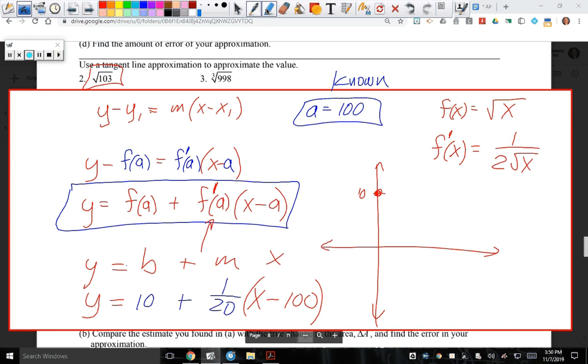I'm shooting out from this y-intercept at a slope of up 1 over 20, and when I put this 103 in here, I'm going to move 3 units to the right. You see what I'm doing? So if I move 3 units to the right at this slope, this y value that it projects into the future will be my approximate.